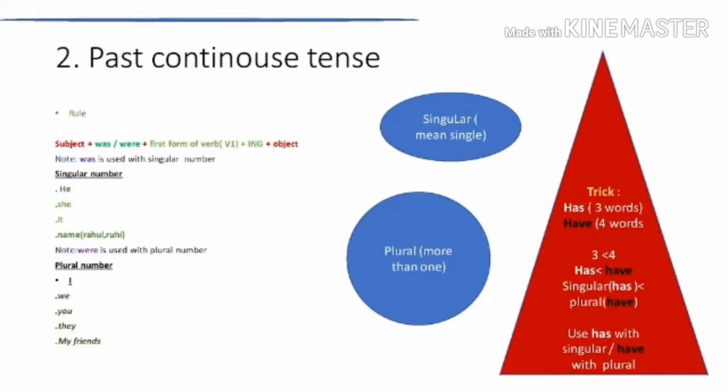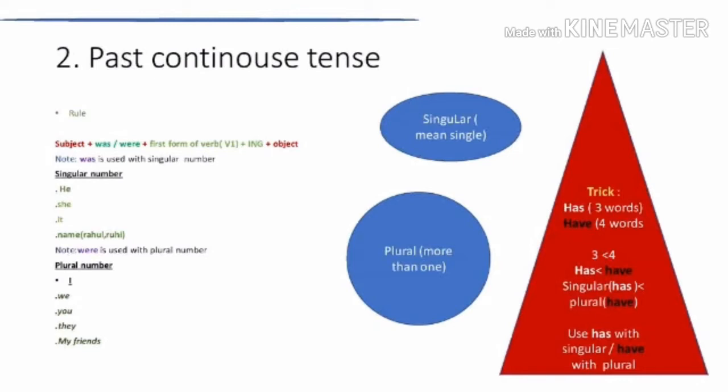Now past continuous tense, which is the second form of past tense. Now friends, can you tell me when we use past continuous? Okay, let me tell you. Past continuous describes actions or events in a time before now, which began in the past and were still going on.